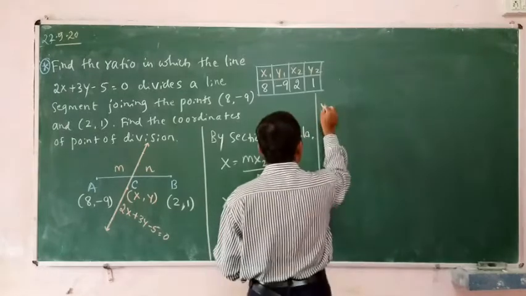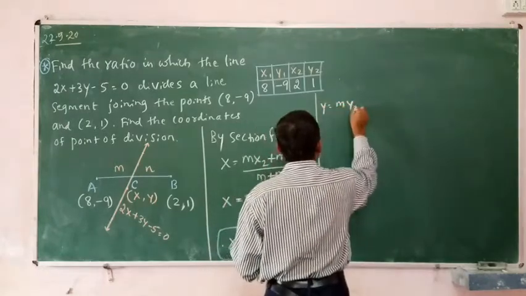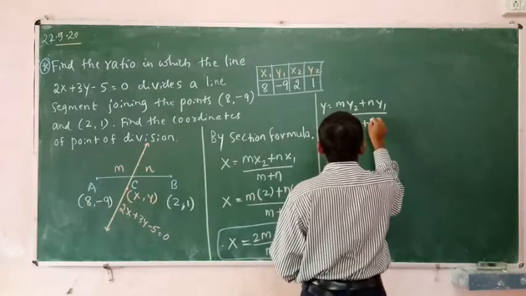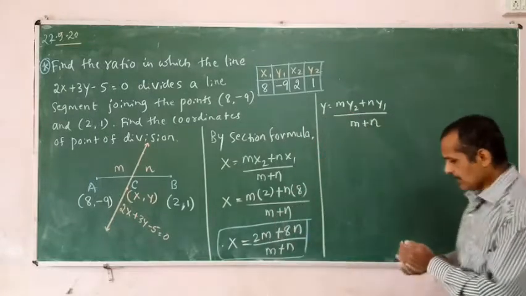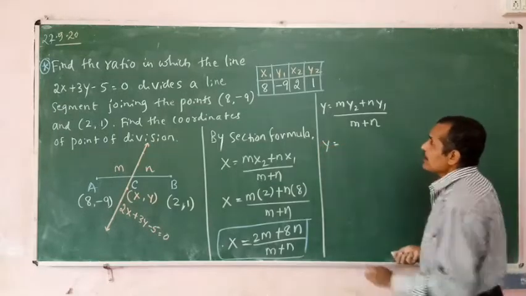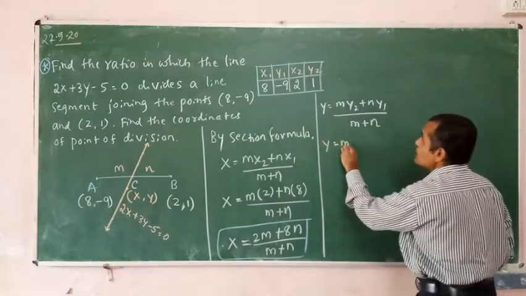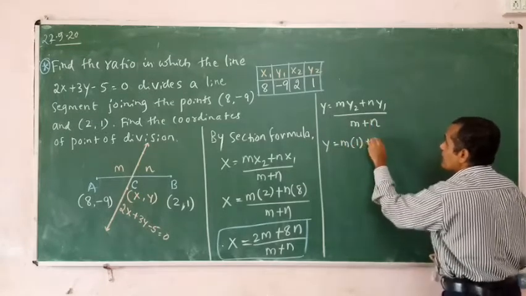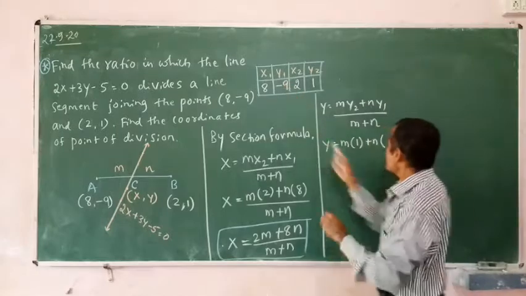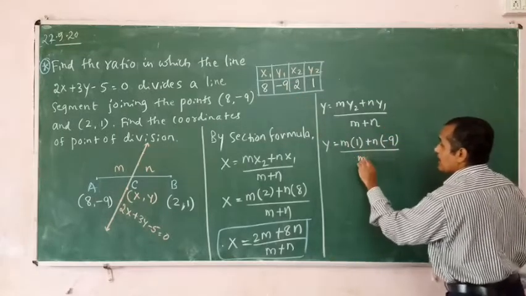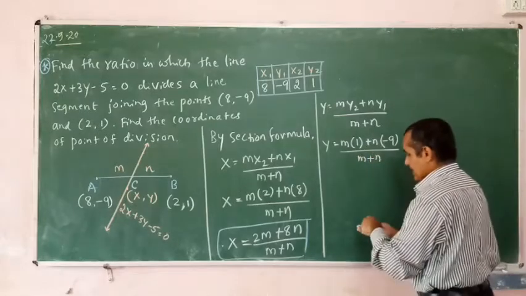y is equal to my2 plus ny1 divided by m plus n. y is y only. m into y2, which is 1, plus n into y1, which is minus 9, divided by m plus n.